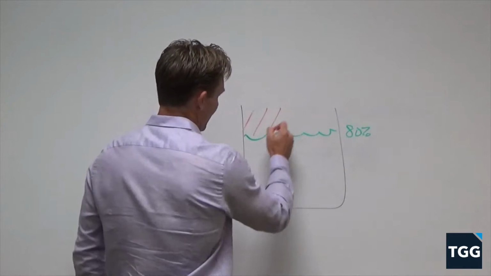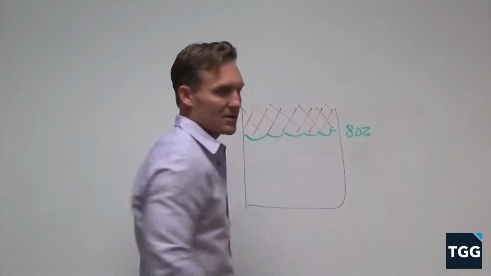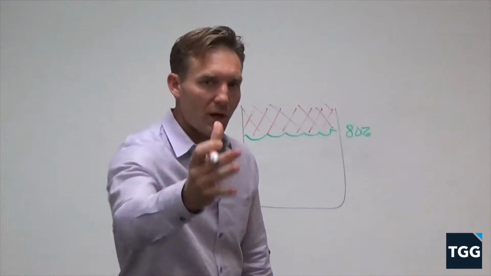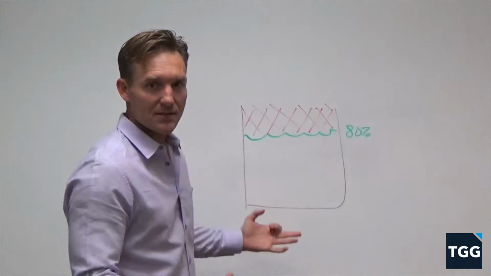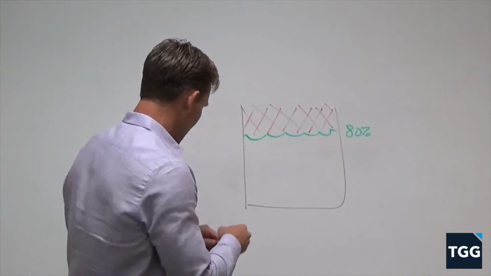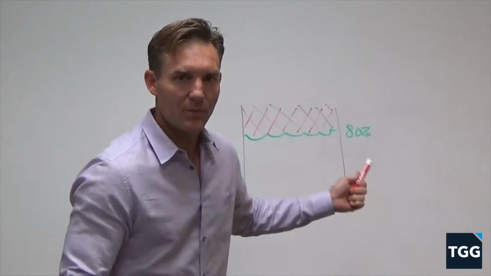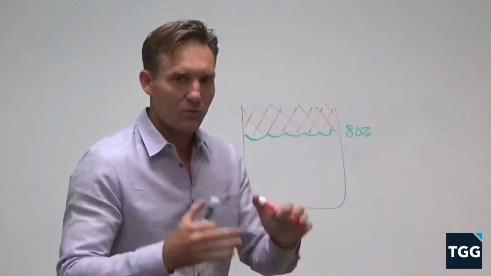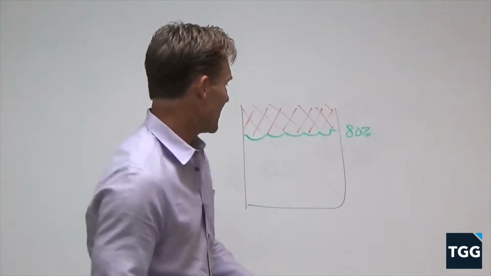They didn't fill the remaining 20% that you in fact purchased. If you've got a warehouse and you're storing inventory, you're paying for all of that space. If you're only using 80% of it, you're still paying for 100% of it, and you're not using the other 20%.